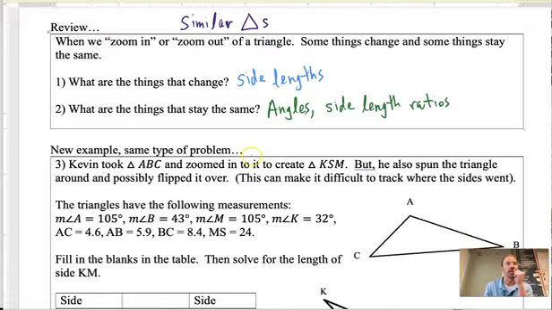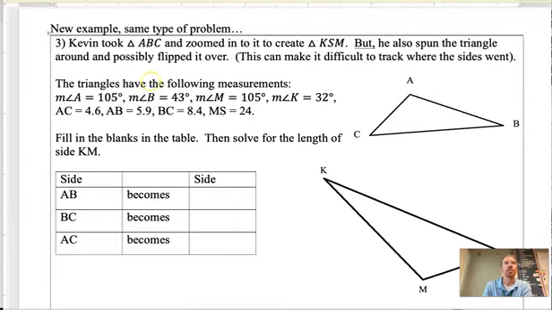Okay. So when you're ready, you can take a look at number 3 here. Number 3 says Kevin took triangle ABC and zoomed into it to create triangle KSM. But he also spun the triangle around and possibly flipped it over. This can make it difficult to track where the sides went.